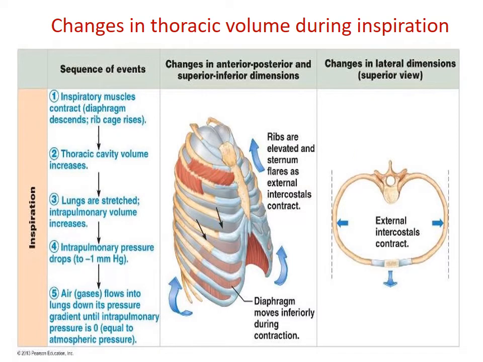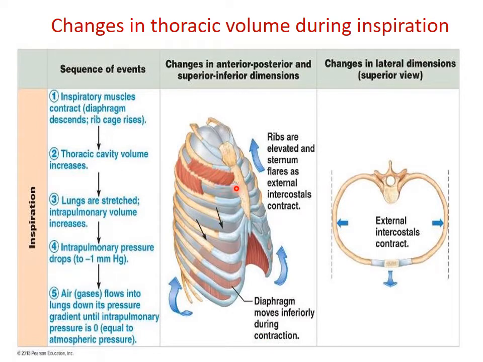This particular picture shows the inspiratory phases and how the thoracic volume is affecting the pressure. You can see that the inspiratory muscle, the diaphragm, will be contracting and descending down, and the rib cage rises. So here you can see the diaphragm contracting and moving down, and it will be increasing the vertical diameter of the thoracic cavity.